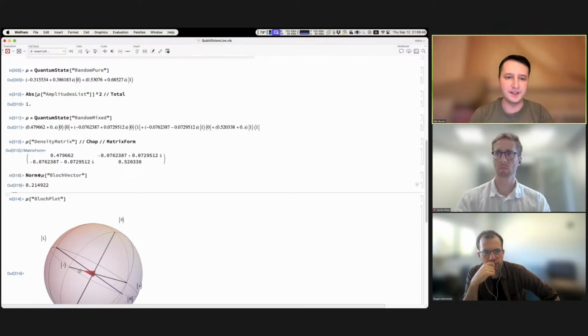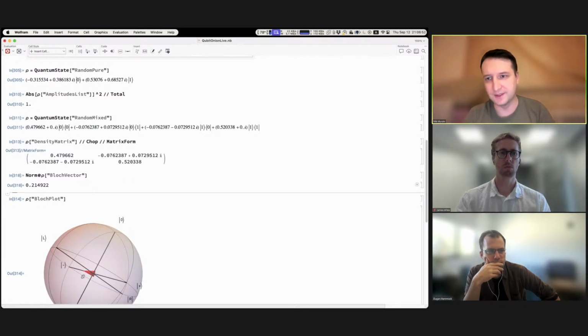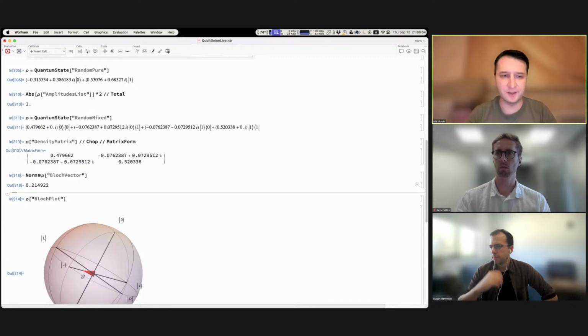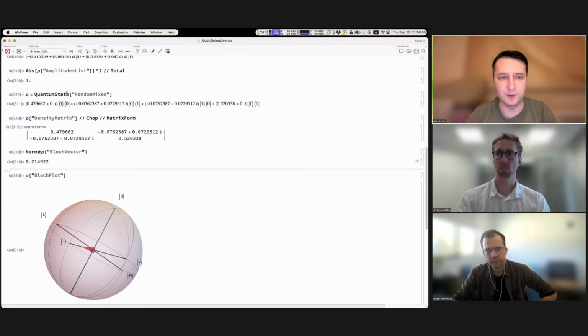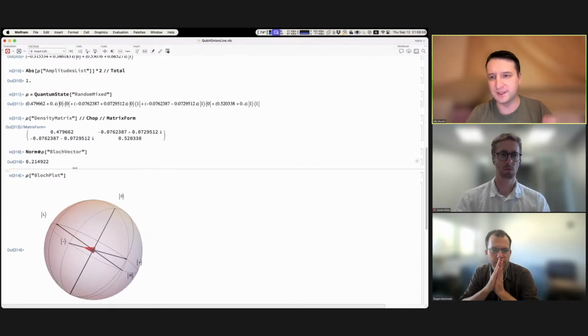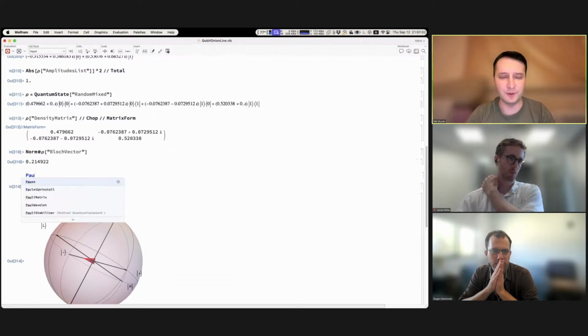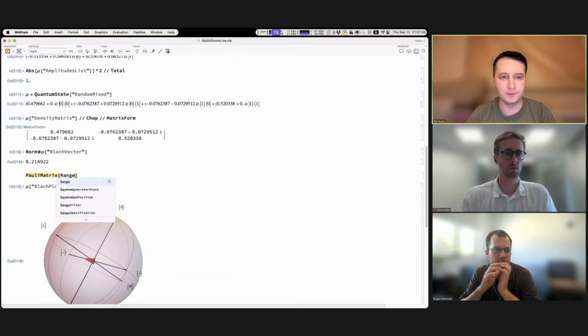So any mixed state is an arrow pointing into the bulk of the Bloch sphere. So that's the representation. I can explain maybe how it's computed from those amplitudes if you wish to, but it's related to Pauli matrices. It's pretty simple.